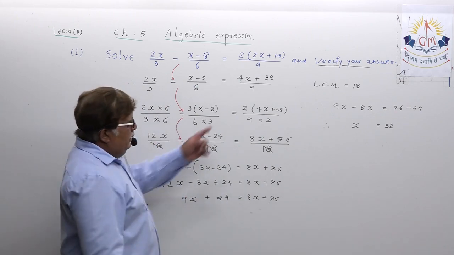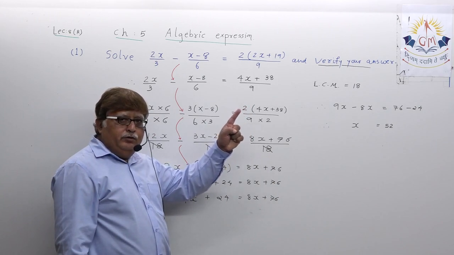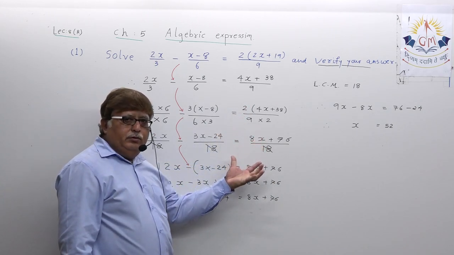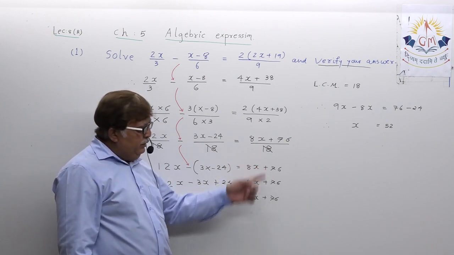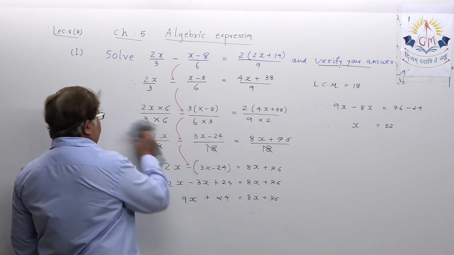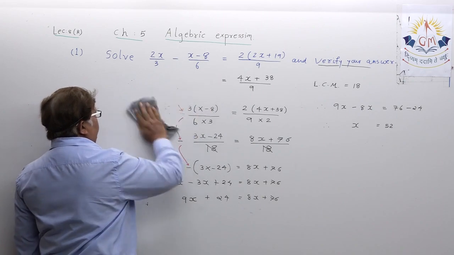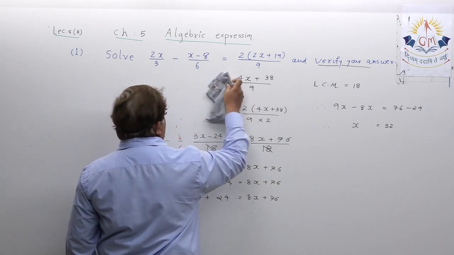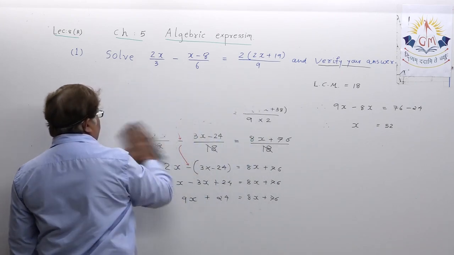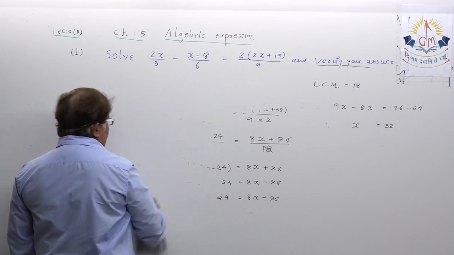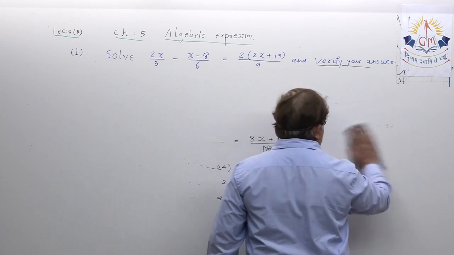Before, dear student, I move to the next half of the sum, I have to erase this solution data from here. I am removing the data from here because we know the answer x equal to 52, that you know. Okay, x equal to 52, that's the answer we got.